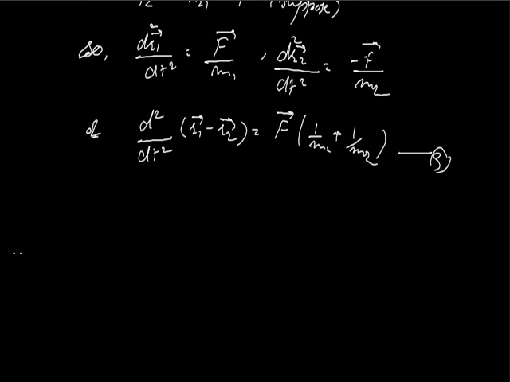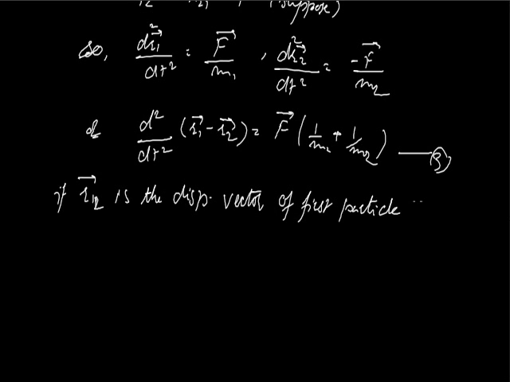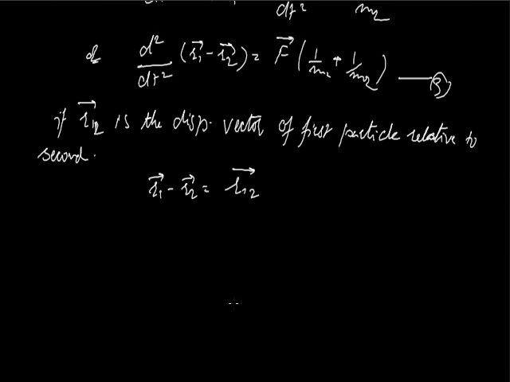Now if r12 is the displacement vector of the first particle related to the second, then r12 is equal to r1 minus r2. Let us suppose this will be equation number 4.